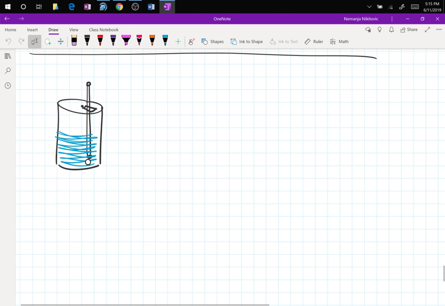So just for the hell of it, let's say that the radius R is 2 inch. The height of the can is, let's say, 8 inch.